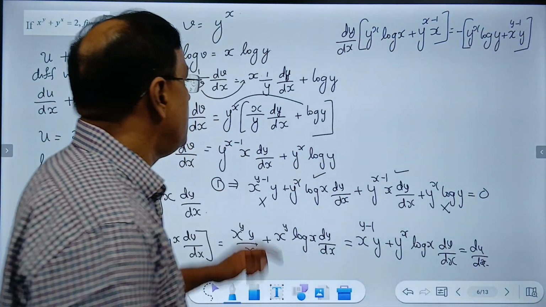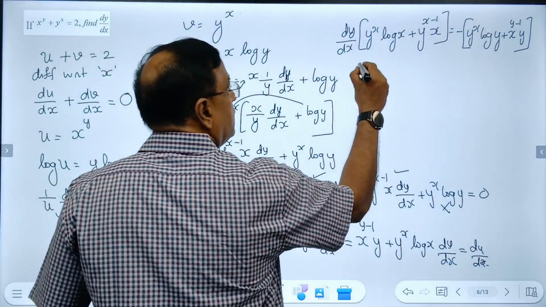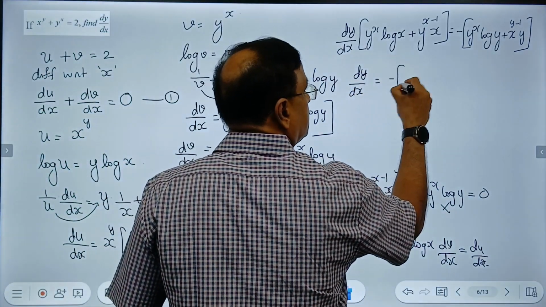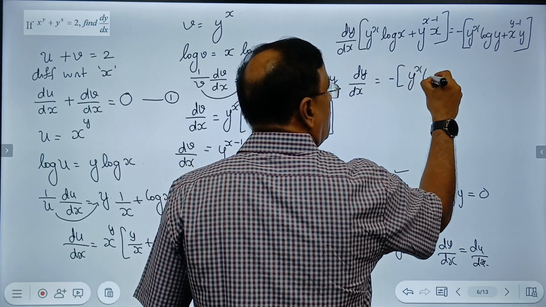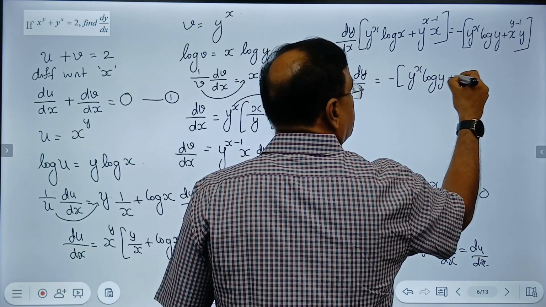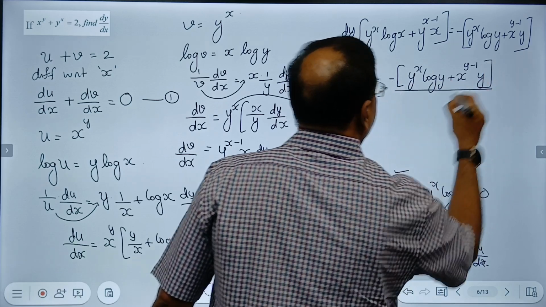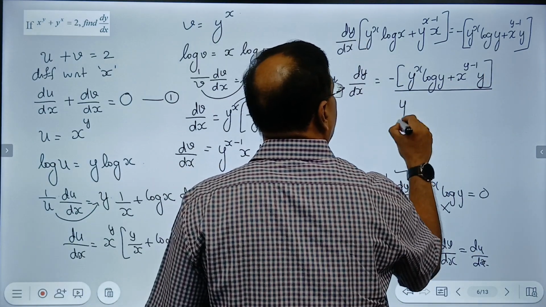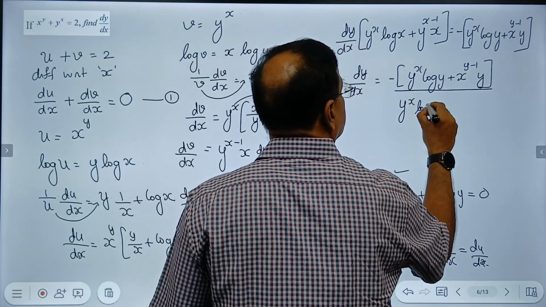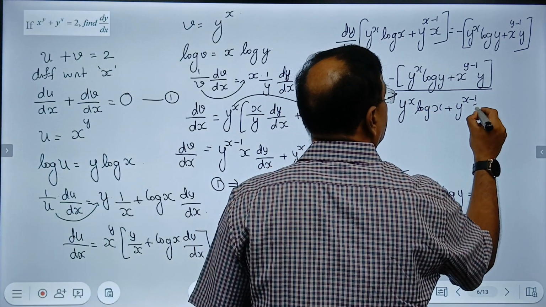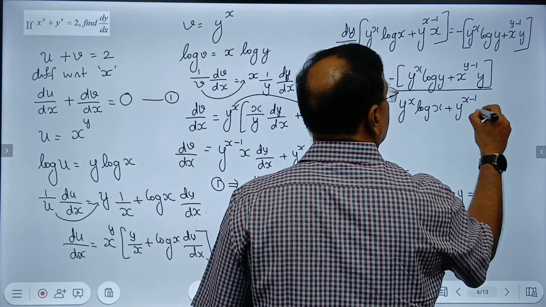Right? Now what is your dy/dx? So your dy/dx will become, it's a little lengthy, that's it: minus of (y^x log y + x^(y-1) y) divided by, write this one, (x^y log x + y^(x-1) x).